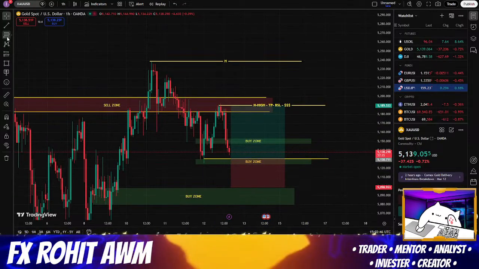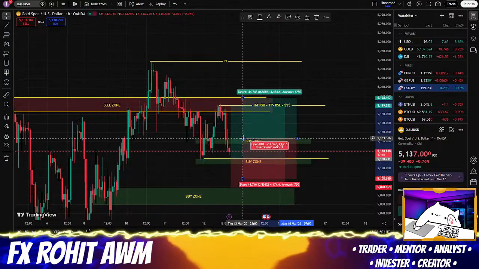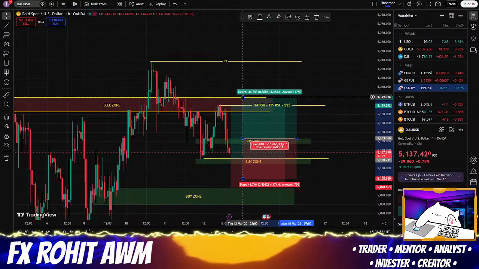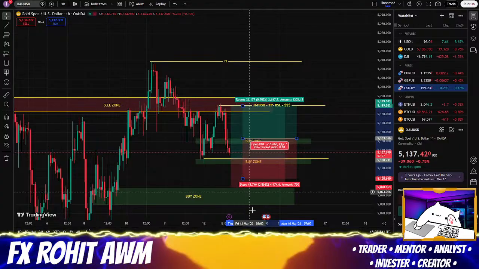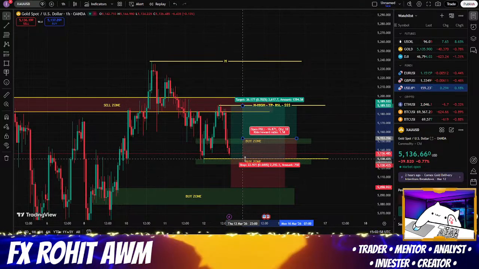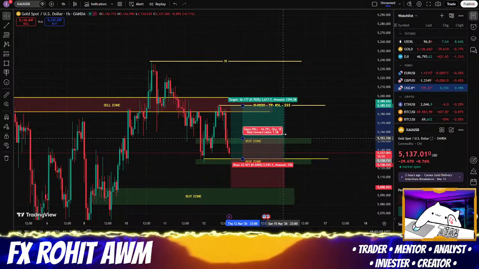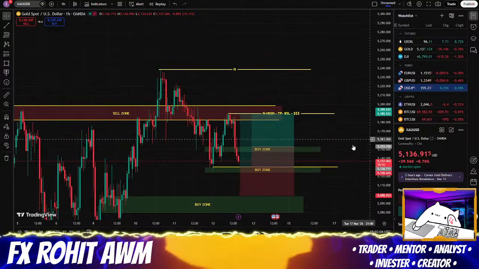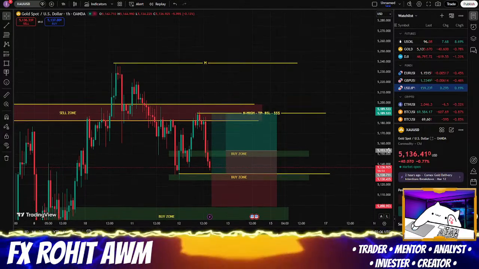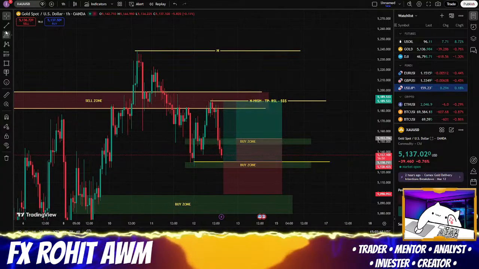The two entries, guys. There are two entries, guys. Okay. So this is our quick scalp setup in the market.